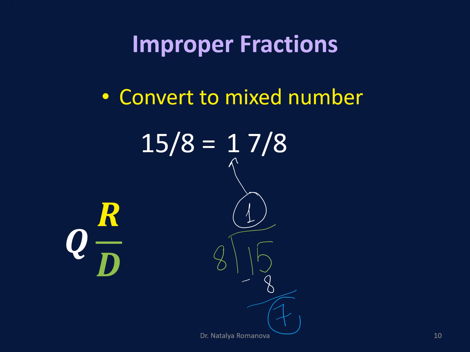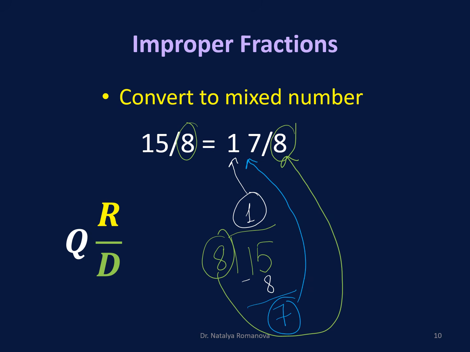The remainder 7 becomes the numerator. And 8 is the denominator. We keep the denominator. You can see the given fraction and the mixed number have the same denominator. So the answer is 1 and 7 over 8. It is the correct answer.